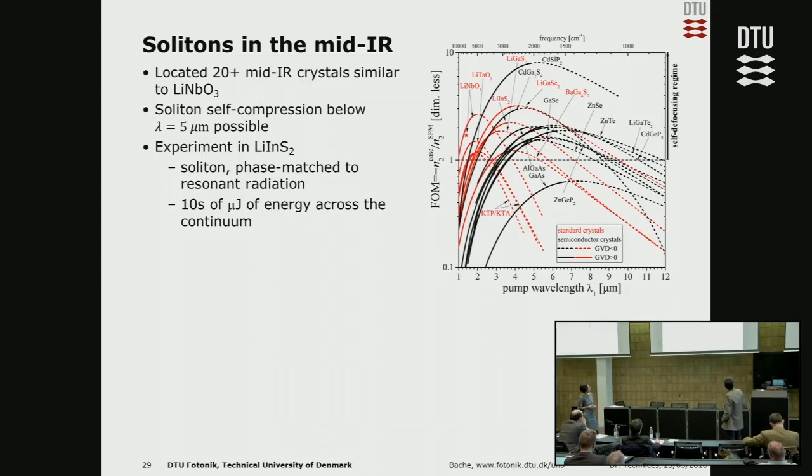So the idea would be to try to get enough self-phase modulation and then compress it externally afterwards. And then I always wanted to try to see if there was something you could do around 10 microns with the CO2 laser. But CO2 lasers have something like 100 cycles in the pulses, so it's very, very difficult to do pulse compression in crystals with so many cycles in one pulse envelope.